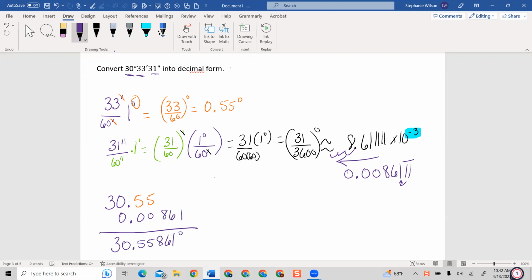You could, however, in your calculator, if you wanted, have said, oh, I got 30 degrees plus that 33/60 degrees plus 31 over 3,600 degrees, and it would have given you the same thing. It would have given you this answer here. So there's more than one way to go at this, and there's more than one way to set it up. So just reach out if you have any questions.